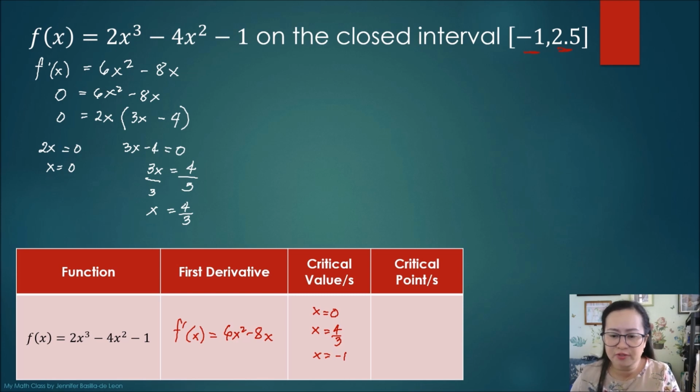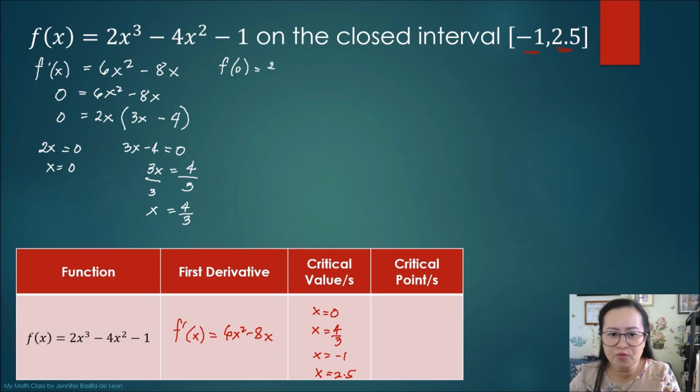So we have x equals -1 and then x equals 2.5. Now we determine the critical points by evaluating the original function at x equals 0, x equals 4/3, x equals -1, and x equals 2.5.